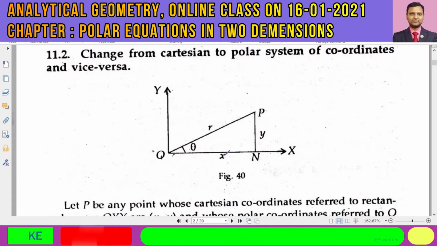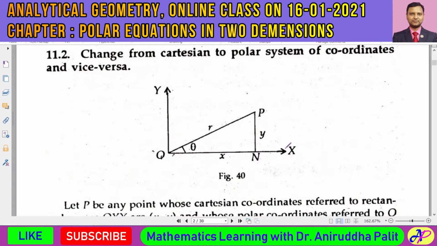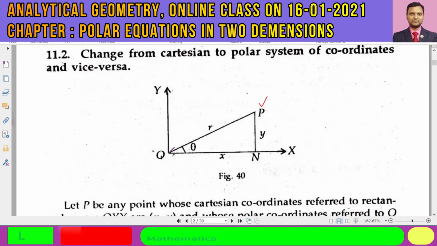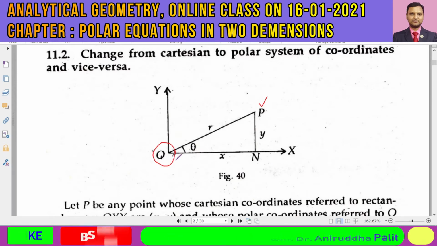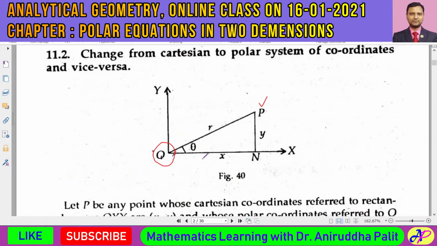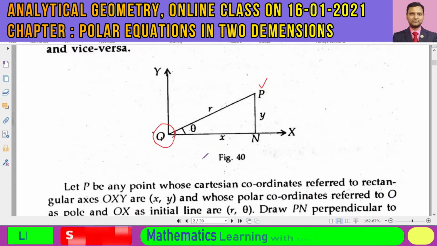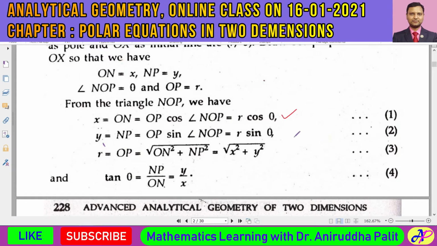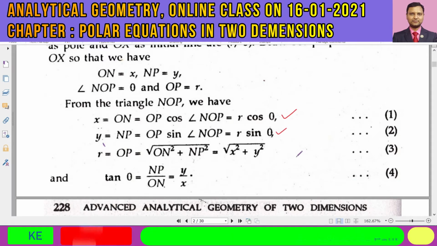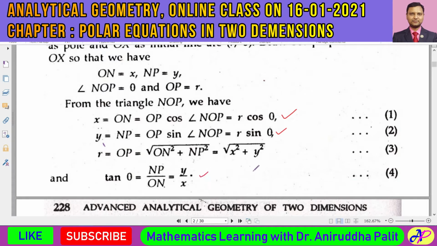Now suppose we want to find the relation between the polar and the Cartesian coordinates of any particular point P. In that case, if this point O is the pole in case of polar coordinates, and the same point is considered as the origin in case of Cartesian coordinates, then only we have this standard formula: x is equal to r cos theta, y is equal to r sin theta, so that tan theta is equal to y by x.